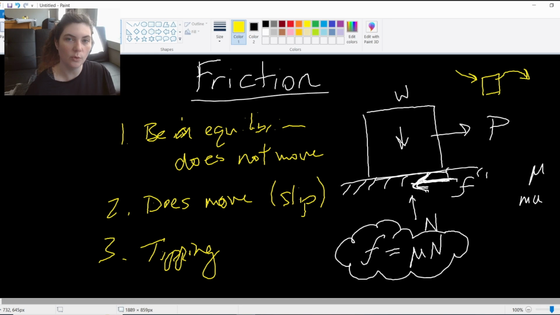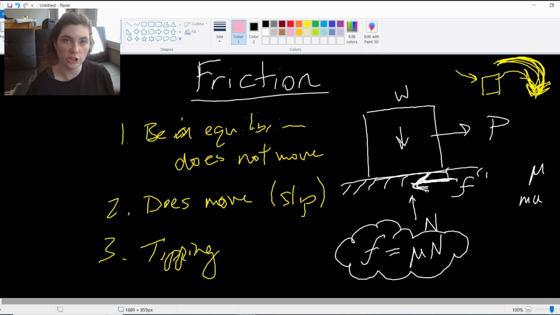And the key with knowing whether a box is tipping or not is our moment formula, right? Because a tipping is a rotational movement, which is exactly what our moment is. Our moment is a desire to rotate. So tipping comes from our moment equation. We can determine whether something is tipping or not.